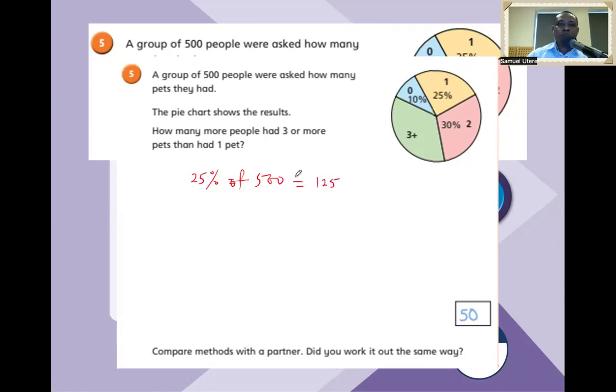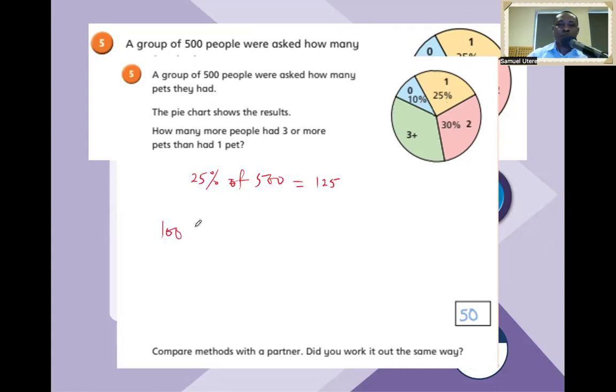Next, let's look at those that have 3 pets and more. So we know that we have 10% plus 25%, which is 35%. 35% plus another 30% is 65%.